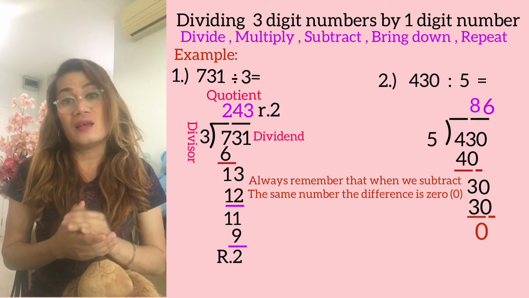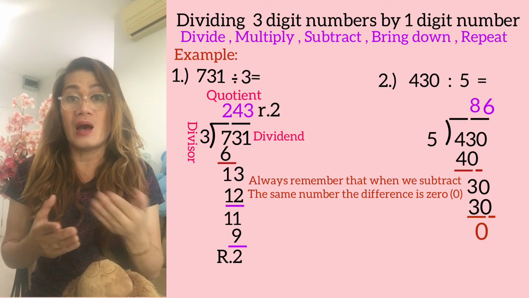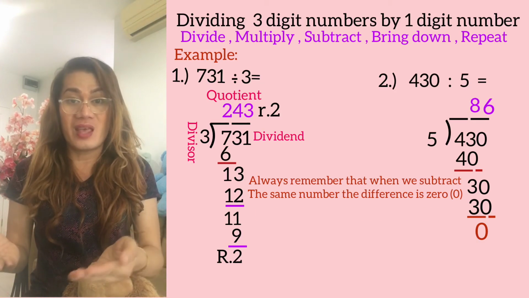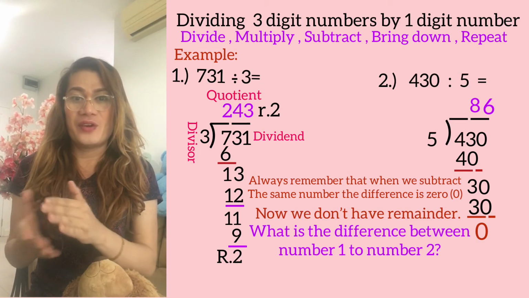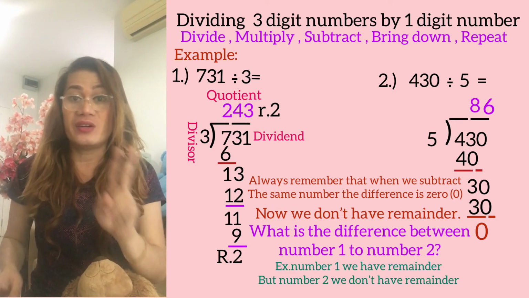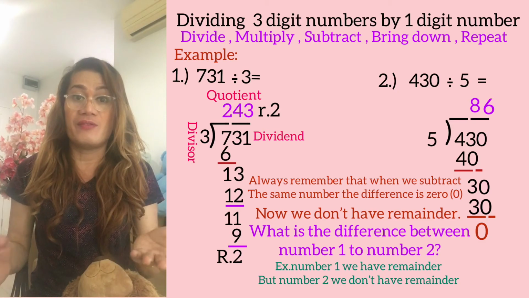Always remember that when we subtract the same number, our difference is 0. And now we don't have a remainder here. So what is the difference between number 1 and number 2? In number 1, we have a remainder, and in number 2, we don't have any remainder.